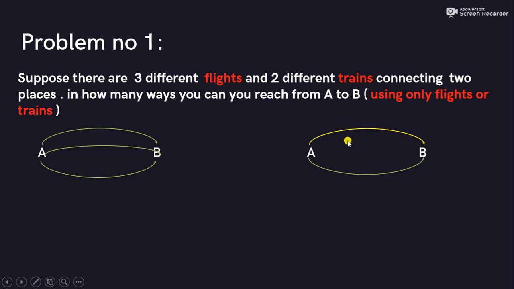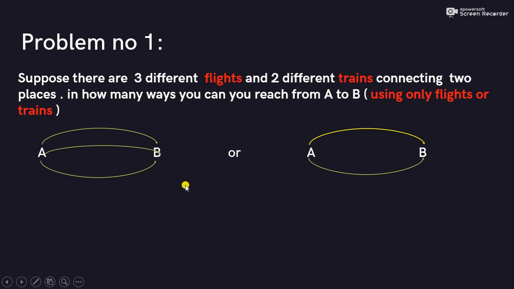So in total how many ways can we select the train? We have 2 ways. When we select a flight, we can't select a train, because the same person cannot travel using both train and flight at the same time. So we can select either from these flights or from these trains.